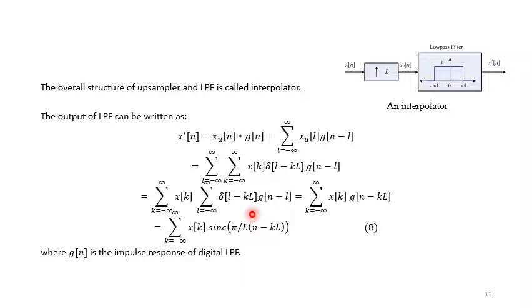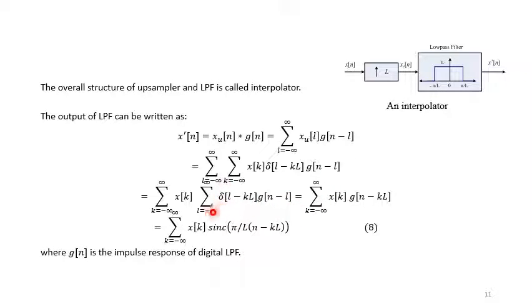Again, that's for the impulse, and you understand its value equals 1 when its argument is 0. So the argument will be 0 when l equals kL, in that case this will be 1, so g of n minus l can be written.